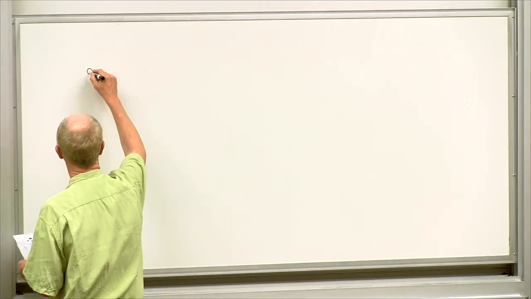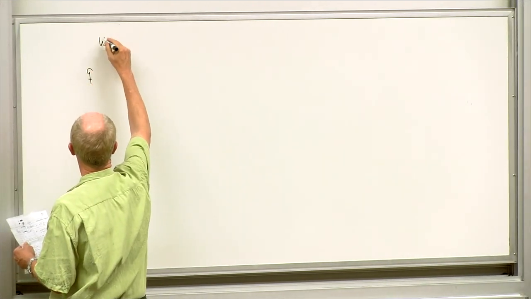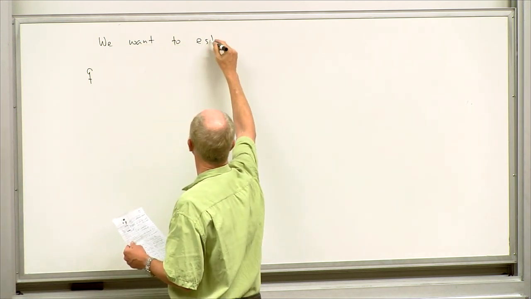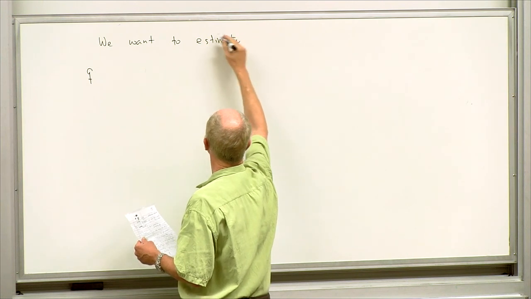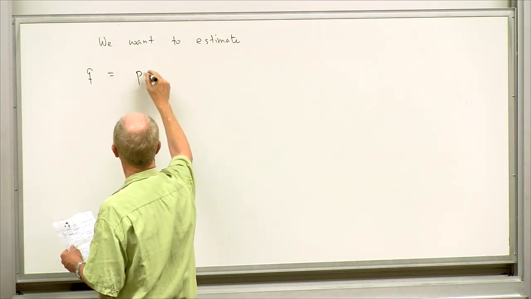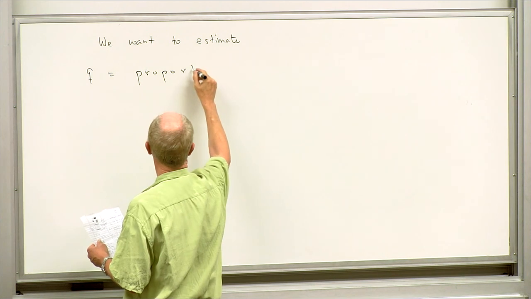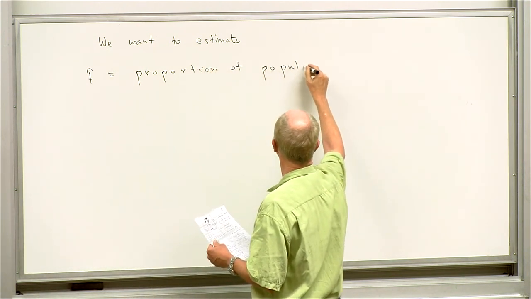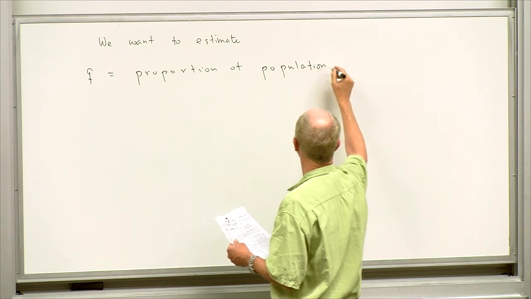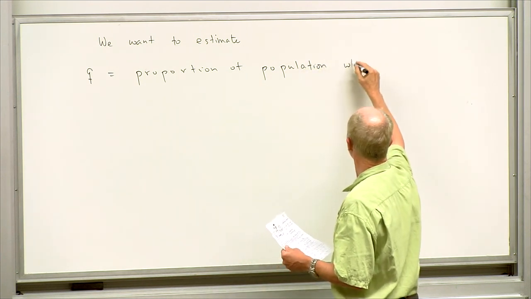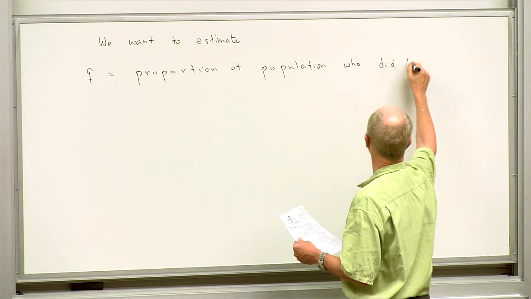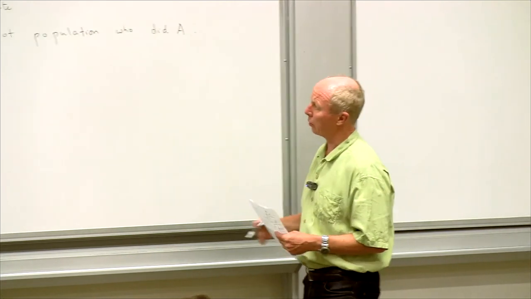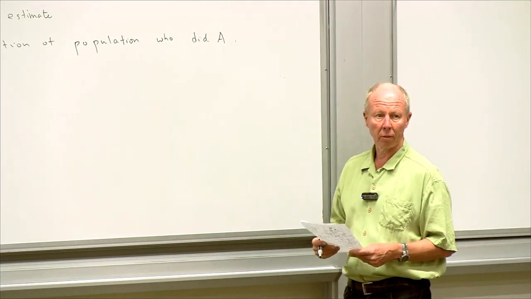And what we want to decide is the proportion of the population who did A or have characteristic A, if it's something like that. Okay, that's what we want to decide.